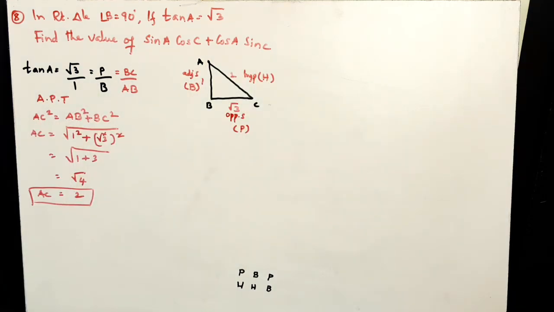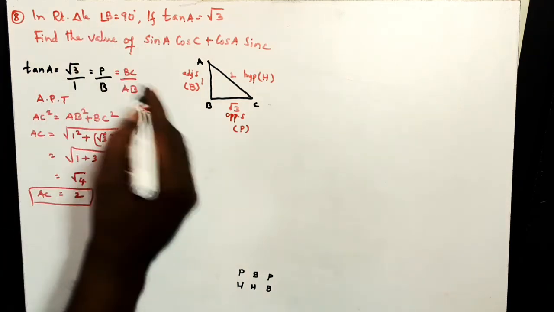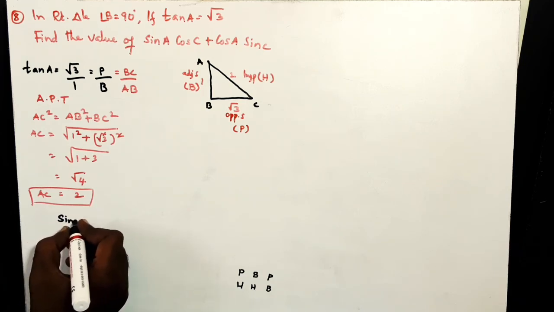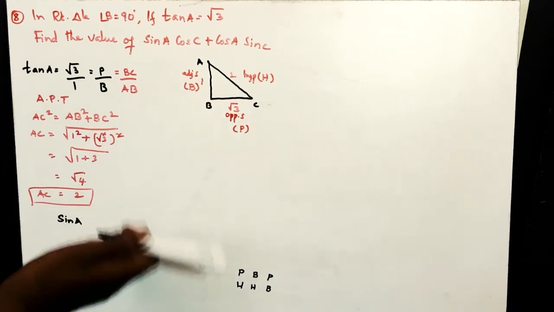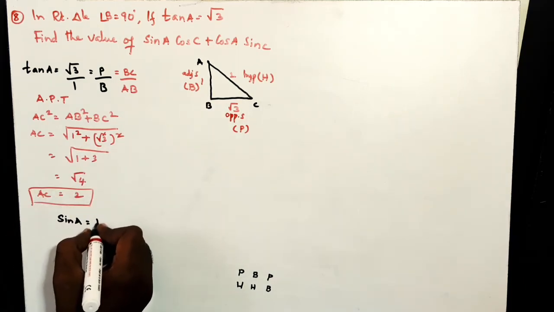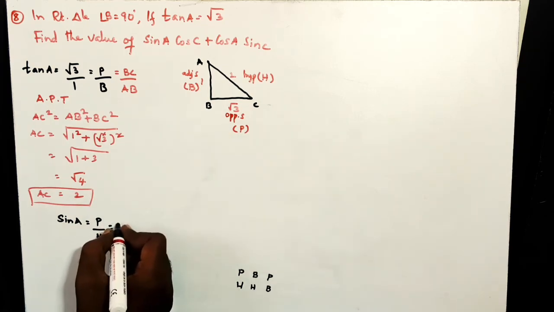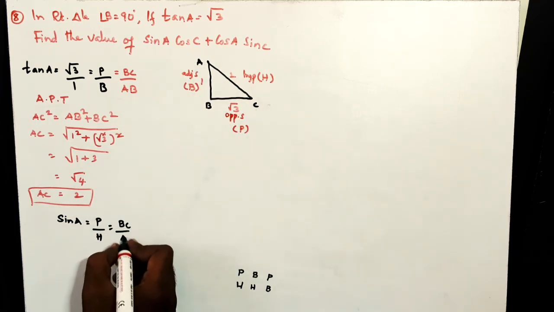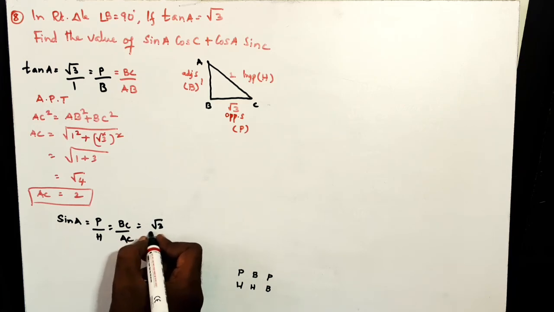Now let us go for ratios. Sin A. We have taken according to A only. Sin A means P by H. P means BC, H means AC. So BC value is root 3, AC value is 2.